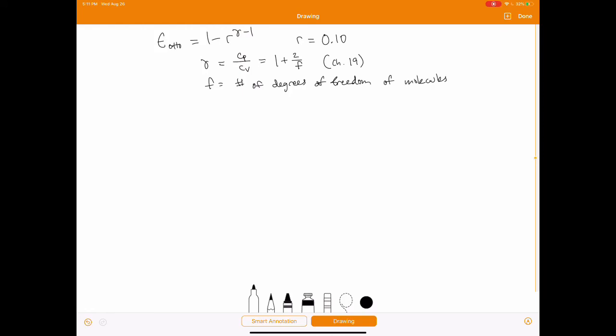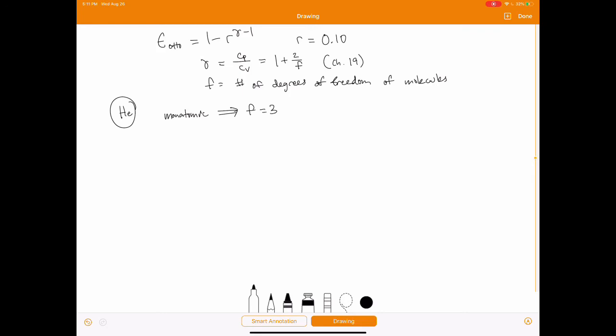So in other words, if we have different types of gas molecules being used, we'll get different results as far as the efficiency goes. So we'll start with helium. Helium is monatomic. So we have a monatomic gas. We learned in chapter 19 that we'll have 3 degrees of freedom.